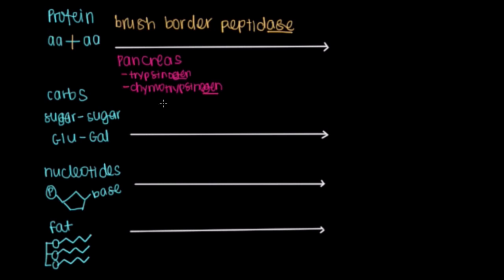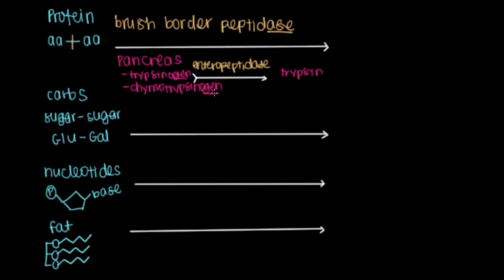That means it still needs one more cut or cleavage before it can start being completely functional. Well, this is where our brush border comes in handy again, because there's an enzyme that's present on the brush border. It's called enteropeptidase.